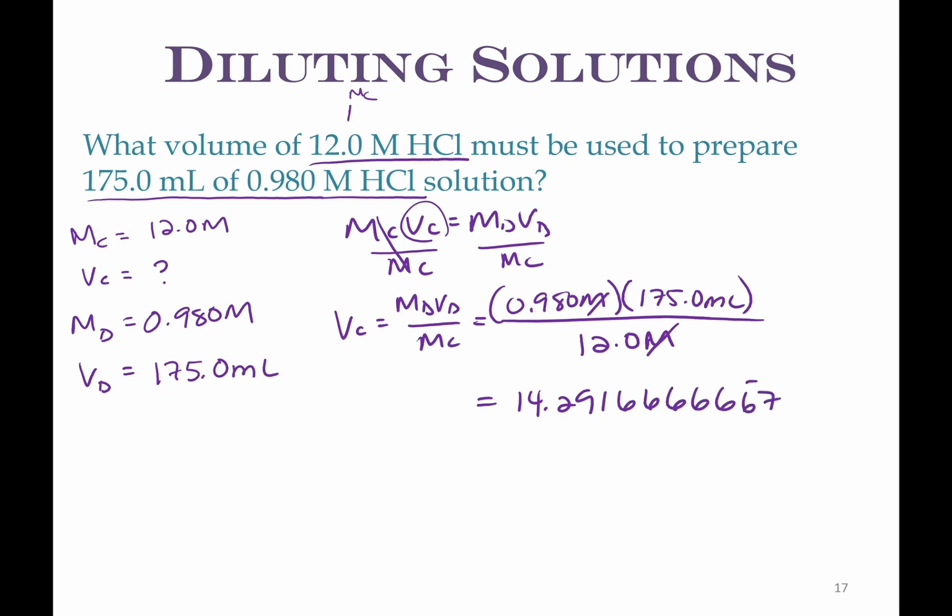That gives 14.2916666667. We'll just say that's repeating. But just in case you're superstitious, I just kept going with the sixes. All right, so we're going to round that to three significant figures. So 14.3, and this is milliliters.